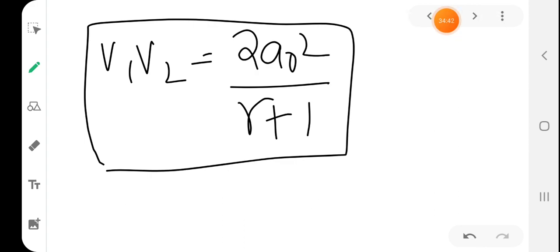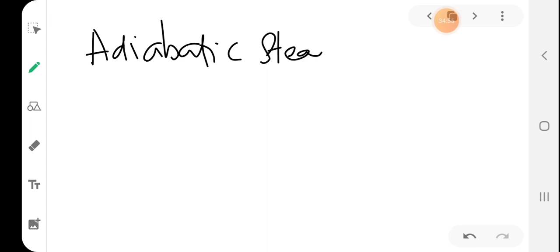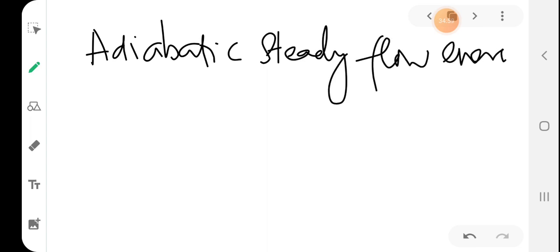So students, we have studied a particular equation, as I have told earlier. We have studied in the first module the adiabatic steady flow energy equation. So do you remember those equations?